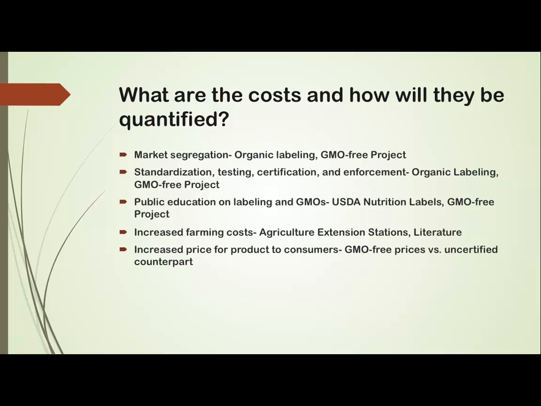For the purpose of this study, the difference in production costs for GMOs and their conventional counterparts will be calculated for these three items, not for all GMO crops and all non-GMO crops, just for the three items I listed. And then increased costs to consumers can be calculated by comparing uncertified products to certified GMO-free products prices.